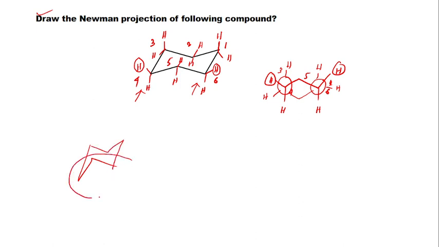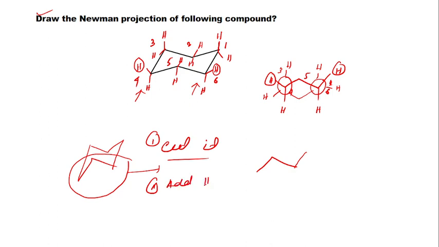So what we have done, we have cut it. So this is the first point. If we cut it, then we have this. Second point, add hydrogen. So we will add hydrogen here, means I have cut it, so hydrogen here and hydrogen is here, hydrogen is here.